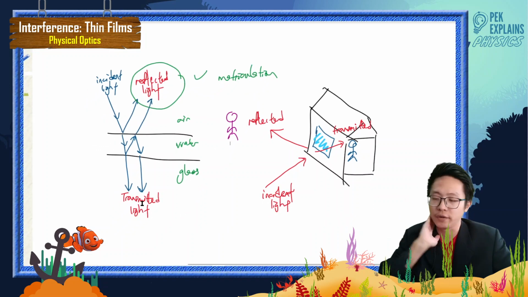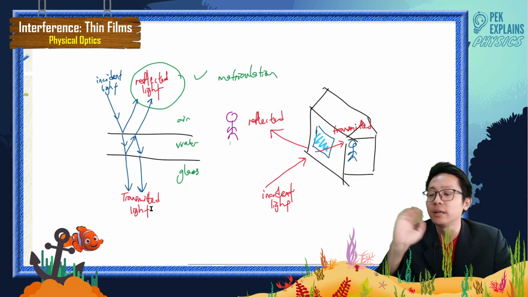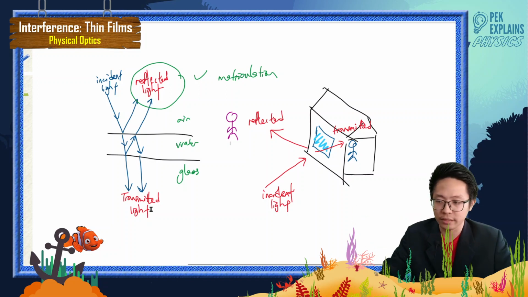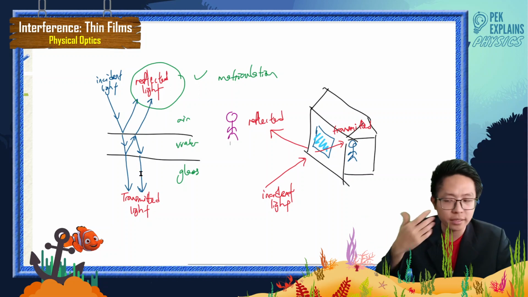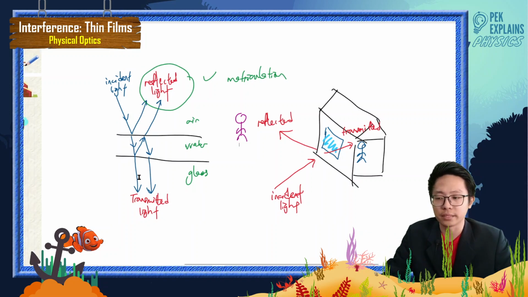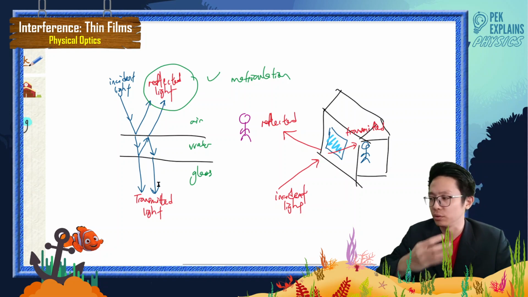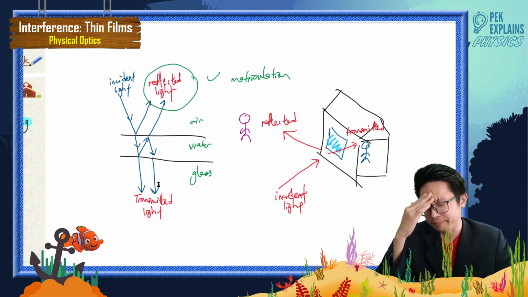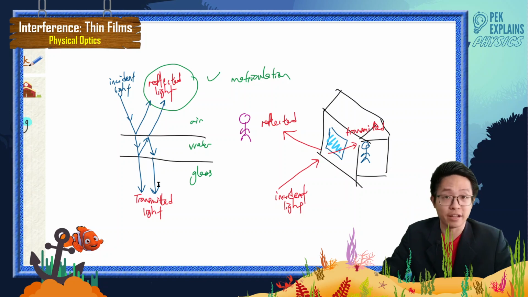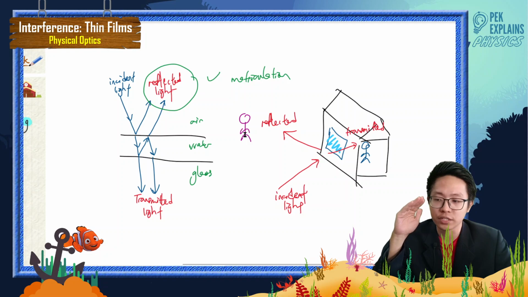If you have interest, you can look on the internet to study more about it. Actually, it behaves the same as the reflected light. You have to know whether the transmitted light is in phase or anti-phase, to know how to produce the bright fringe and dark fringe and so on. Understand? Okay, now let us just focus on our matriculation about the reflected light.